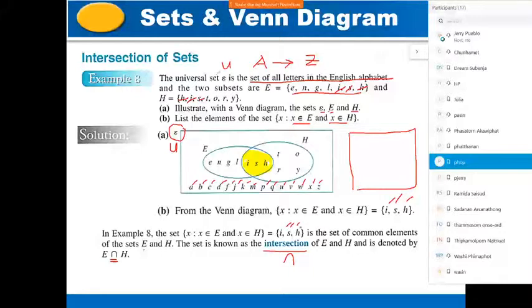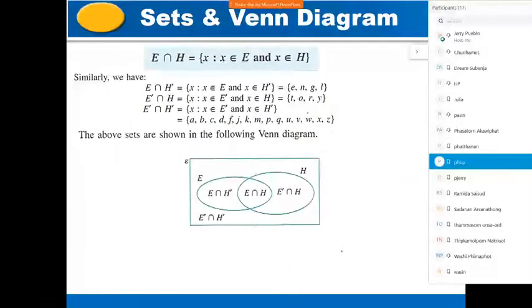You understand? Okay. Now, where E intersect H, it notes that the elements belong to E and belong to H. Okay, they are equal now. Similarly, if we have E intersect not H, or we call that H complement.